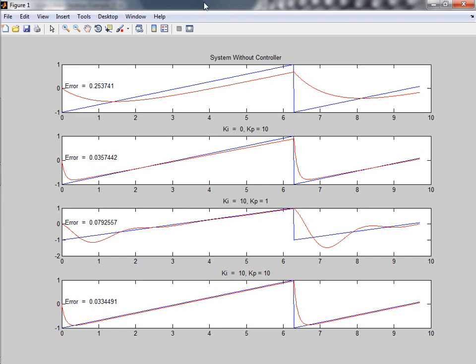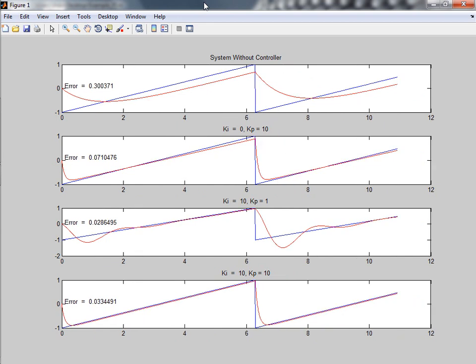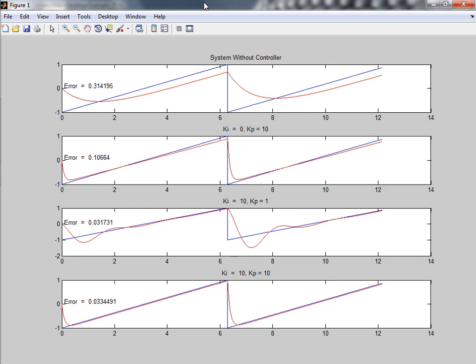But if I properly design the Ki and Kp, I will have a very fast response to the reference input. But again, this is for the type 1 system, first order system. If I have a higher order system, the performance of the PI controller will be more limited.